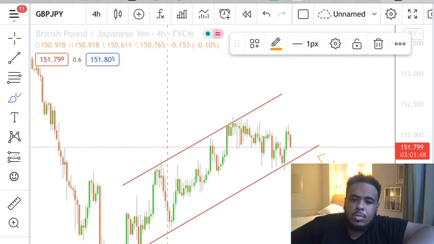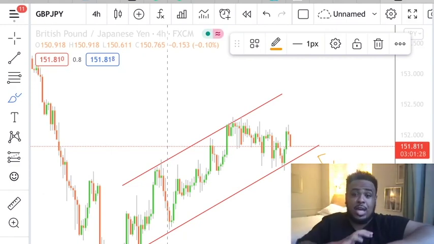But the most important thing, like you said, Cal, is that when you're drawing your lines of support and resistance, you want to find places whereby the price tests that support or resistance at least 2 to 3 times. Yeah, 100%.